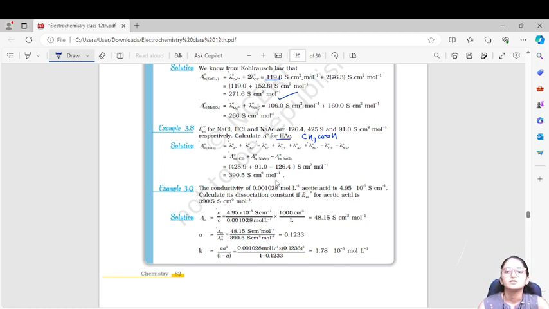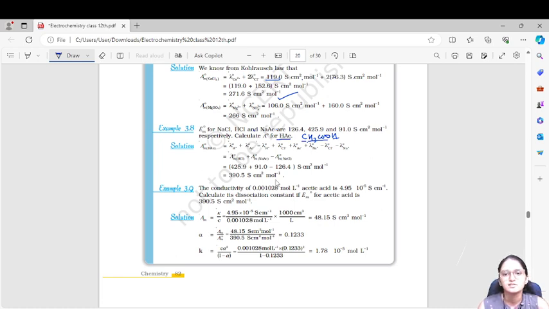So here what happens? NaCl, HCl, NaAc meaning sodium acetate are given. Now CH3COOH contains 2 ions, right? CH3COO minus and H plus. So you have to see the formula, or the compound, in which there is CH3COO and H.